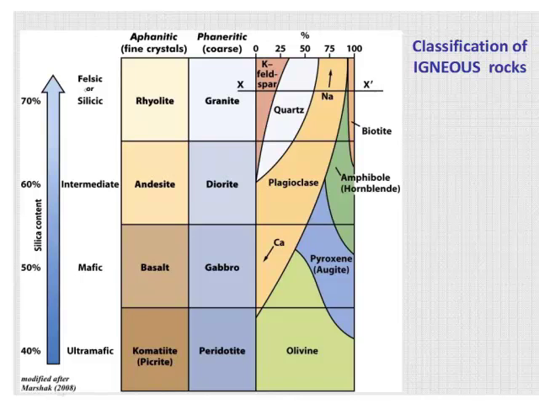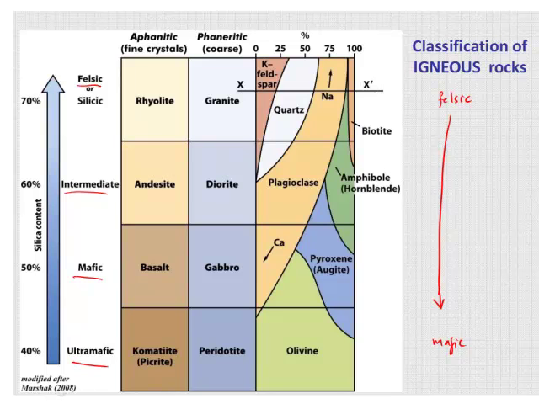In general, we can identify 4 different groups: felsic, intermediate, mafic, and ultramafic rock, with felsic minerals dominant in felsic rocks and mafic minerals dominant in ultramafic rocks, and the felsic to mafic ratio decreases as you go from a felsic rock to an ultramafic rock.